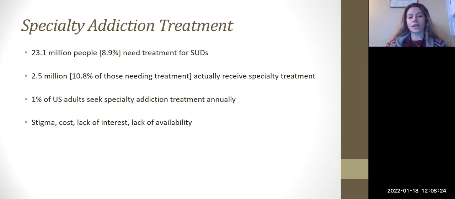Only about 1% of US adults will seek specialty addictions treatment each year, meaning the people coming to a specialty addictions program. That's due to the overwhelming stigma related to substance use disorder, the cost, and the lack of interest in providers wanting to learn about or work with this population, which of course decreases its availability.